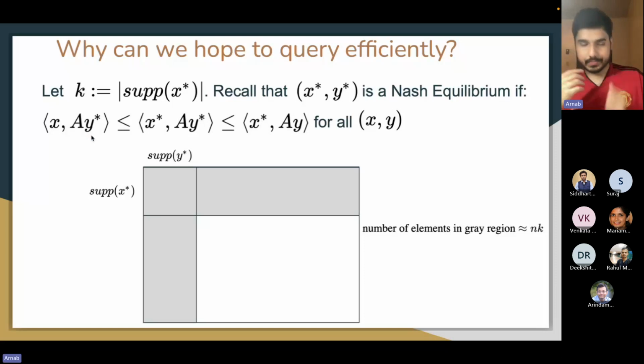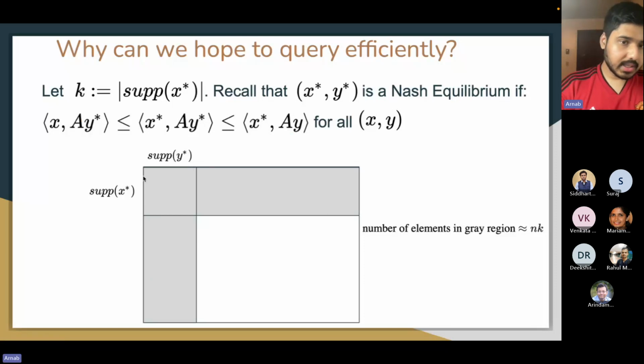Now, if you observe this inequality, the elements which affect it are the ones in this shaded region. So these are the row indices corresponding to x star, and these are the column indices corresponding to y star.